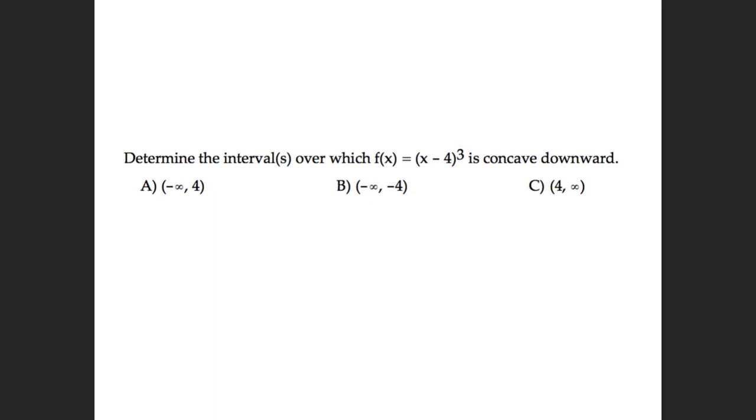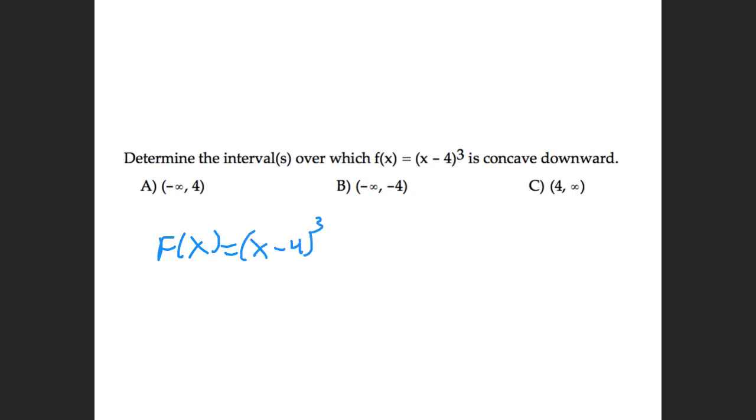Determine the intervals in which f of x equals x minus 4 to the third is concave down. Okay? Now in this problem, I'm looking at this and it's like, oh no, I got to take the derivative of this thing, but that's not so bad. This is really the chain rule, right? I've got f of x equals x minus 4 to the third.